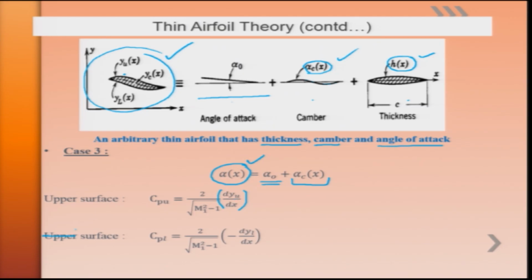Whereas on the lower surface, Cpl can be written as 2 upon square root of M1 squared minus 1, and in the bracket minus dyl by dx. You can see the lower surface slope is negative throughout, from the leading edge to the trailing edge.